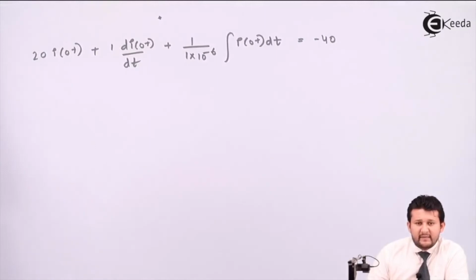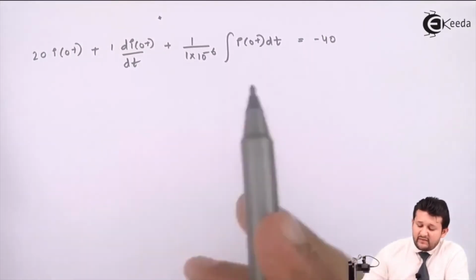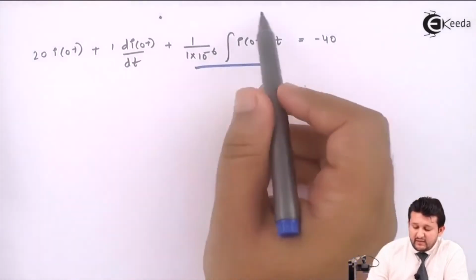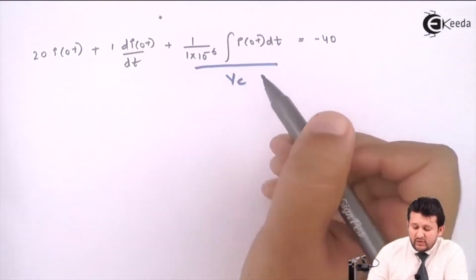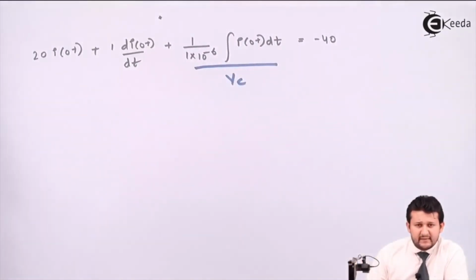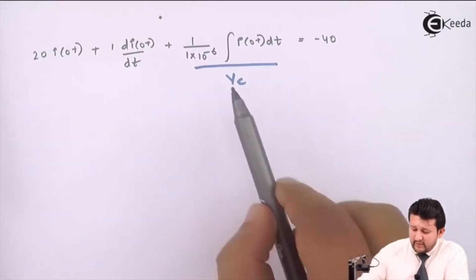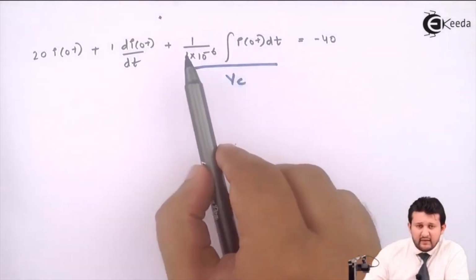I need to find di by dt, my dear friend, but I have an integration as well, so I cannot differentiate it to remove the integration. This is nothing but the voltage of the capacitor. I already know the voltage of the capacitor at t equal to 0 plus, that is nothing but 40. So you will be replacing this term by the value of 40.